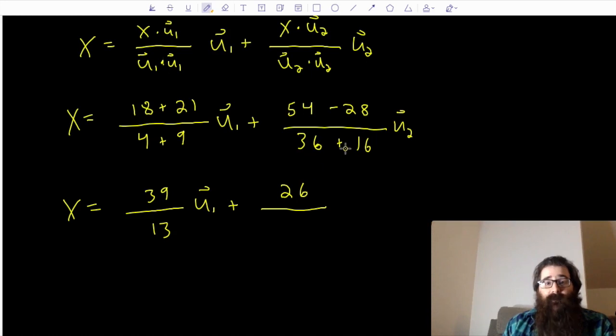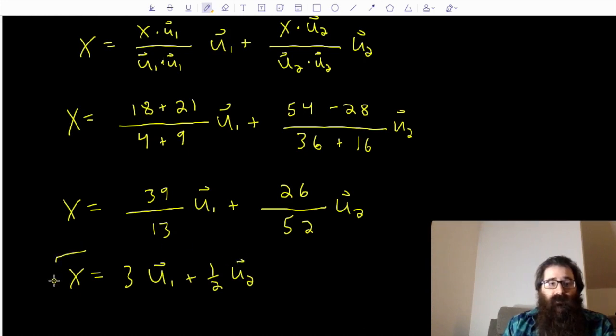And then in the bottom, 36 plus 16 is going to give me 52. And then times vector u sub 2. And then I can go ahead and clean this up. So x is equal to 39 divided by 13 gives me 3 times vector u sub 1, plus 26 divided by 52 reduces to 1/2 u sub 2.